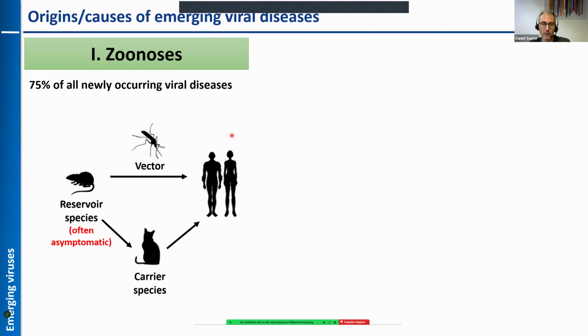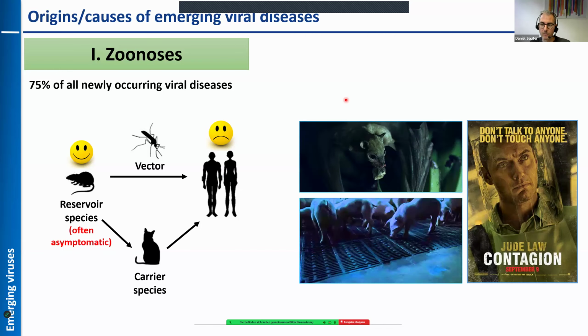This is just to illustrate again that the virus may not cause disease in its natural host, but it may potentially cause severe disease in humans. And there's actually a nice scene in this movie called Contagion that illustrates this transmission from a natural reservoir species to humans via a carrier species.